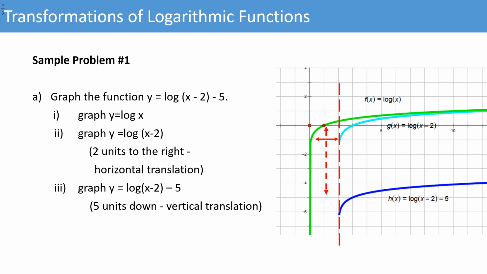Now I will add the -5. So the equation becomes y equals log(x - 2) - 5. This is a 5 unit down vertical translation. So from the aqua, I come down 5 units.